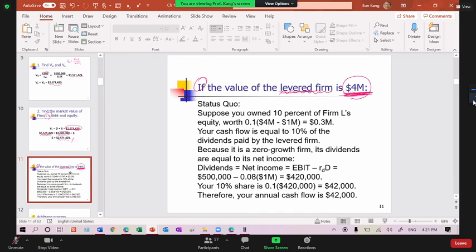So let's see. The status quo means the current state. Suppose you own 10% of Firm L's equity.